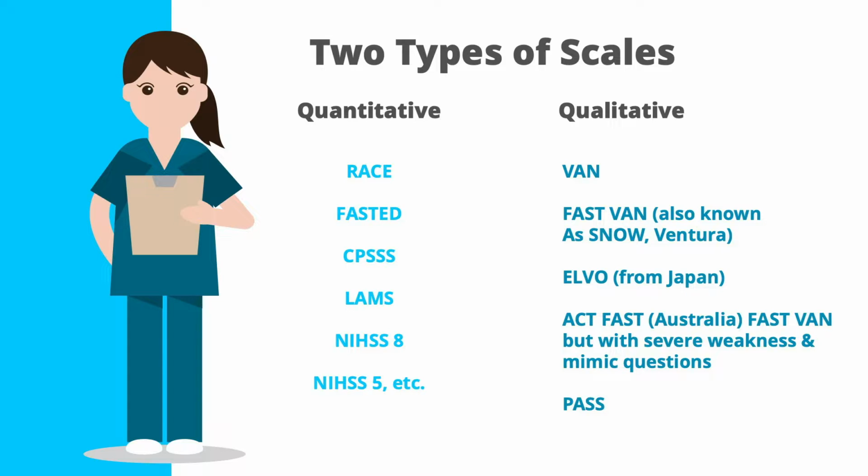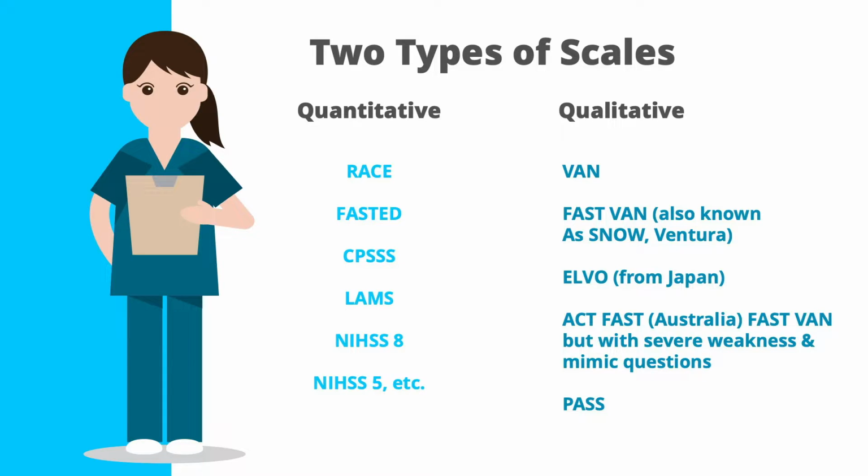Even though they call it SNO, FAST VAN out of Canada was actually published a year or two before that, also known as the Pomona scale, also known as Ventura County scale. Very similar, right? You're just looking for cortical symptoms.